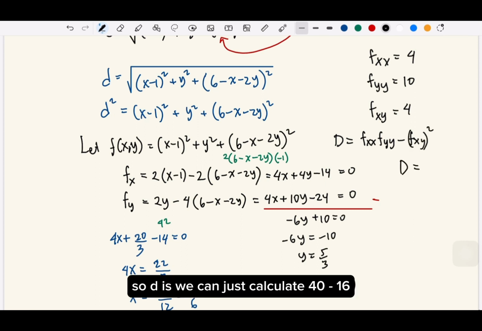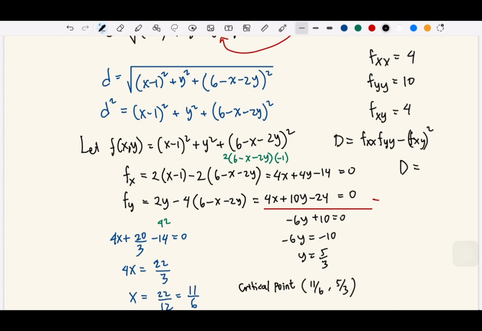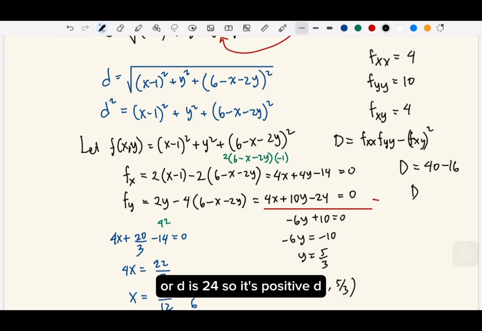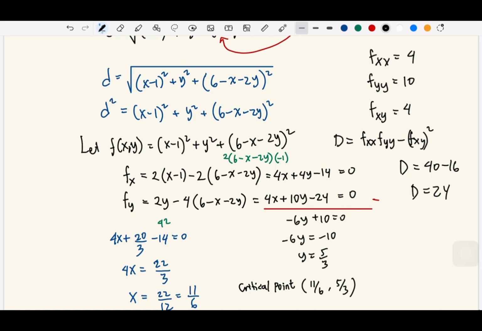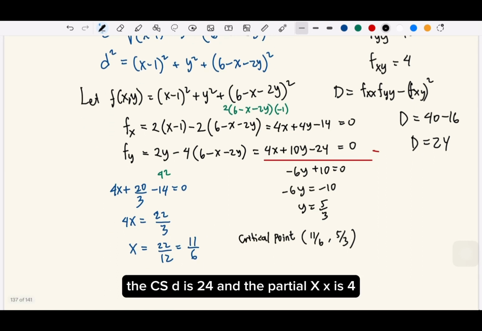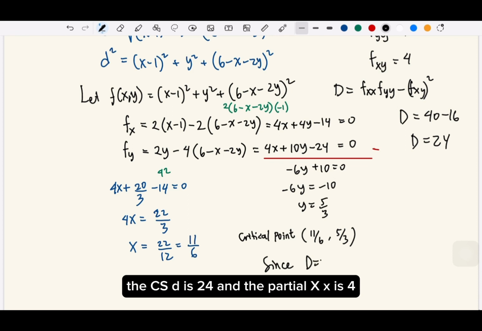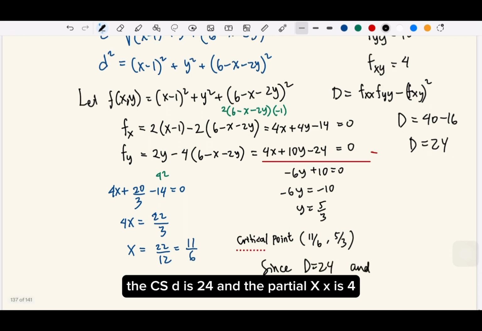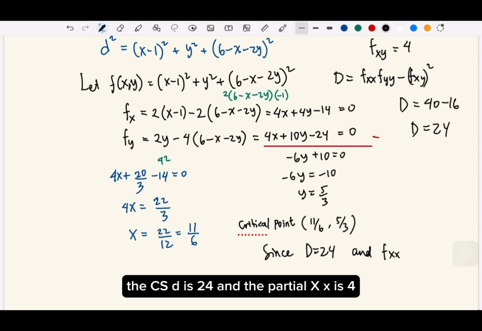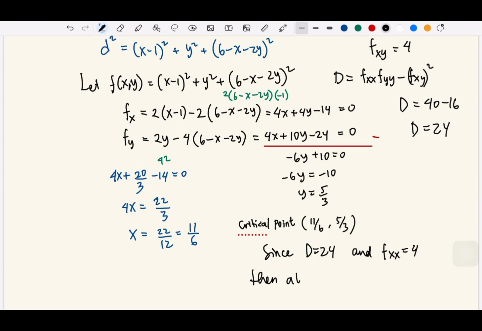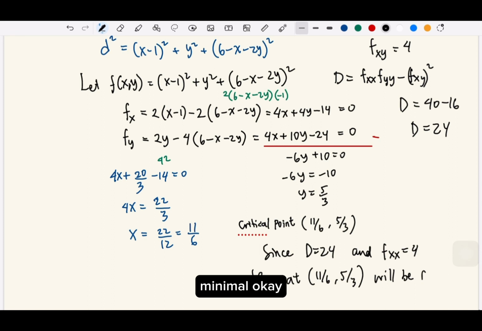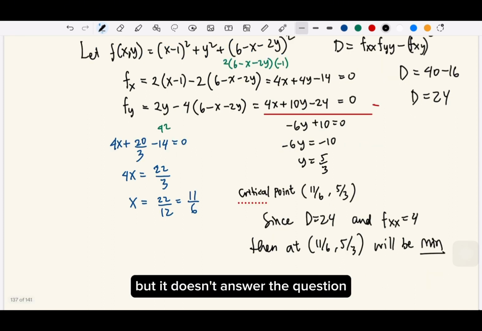So D is, we can just calculate 40 minus 16, or D is 24, so it's positive D. So since D is 24 and the partial xx is 4, so both are positive, then it will be minimal.